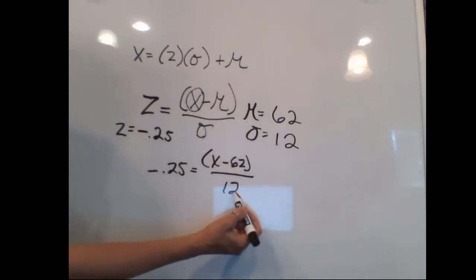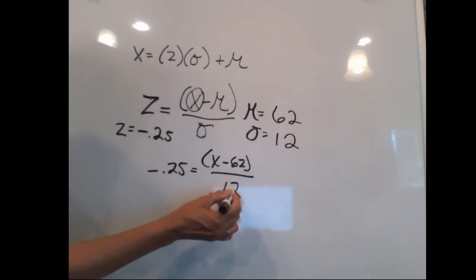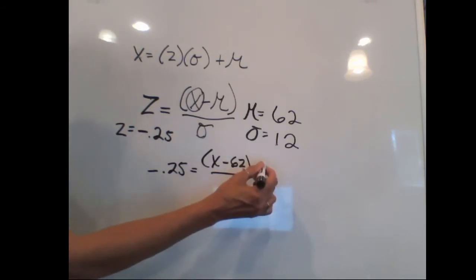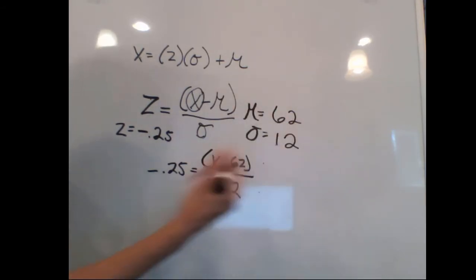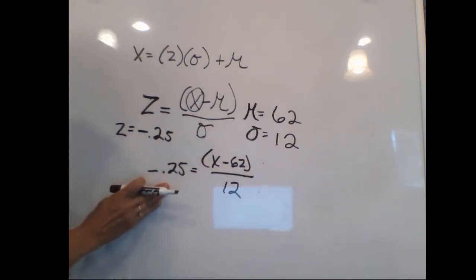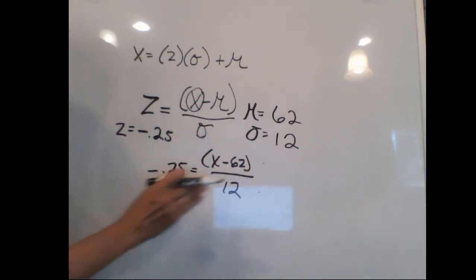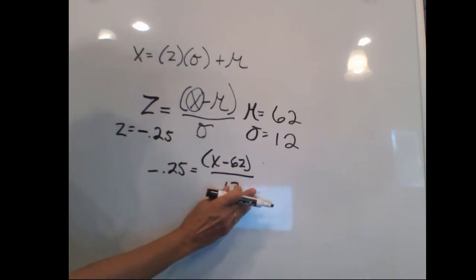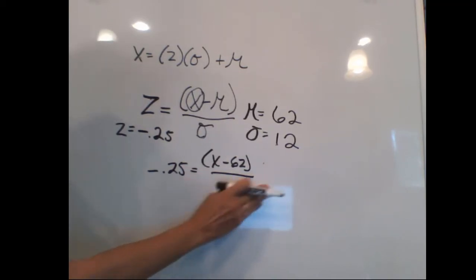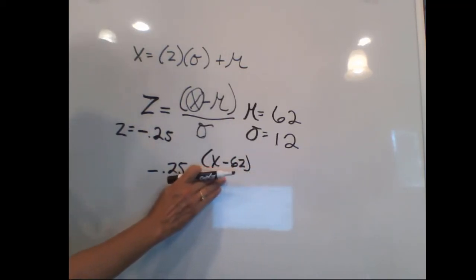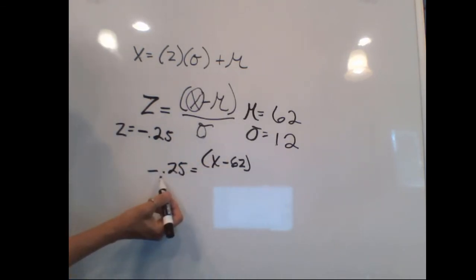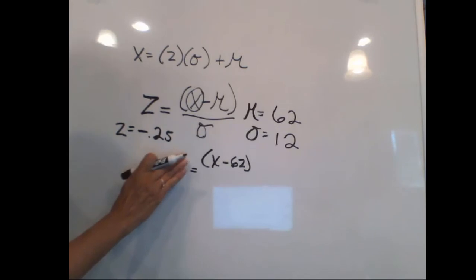To get rid of this 12 in the denominator, I can multiply this side by 12 over 1, or 12. But what I do to this side, I have to also do to this side. So if I multiply 12 over 1 by 1 over 12, basically, I'm getting rid of the 12. And then I have to multiply negative 0.25 by 12, and that'll give me a negative 3.